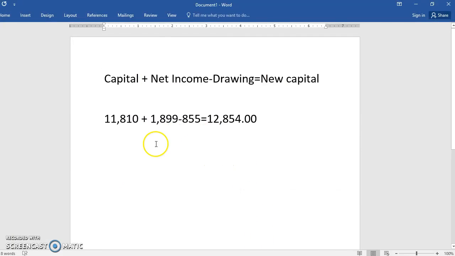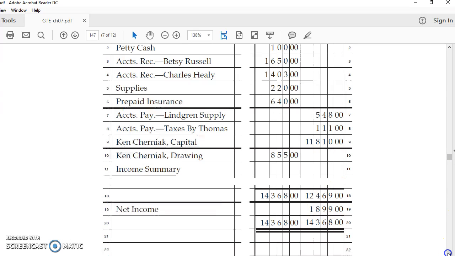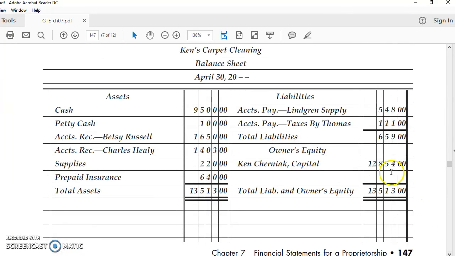When we do this calculation on our calculators, you get $12,854. That's going to be the number that you plug in for your new capital on your balance sheet. $12,854.